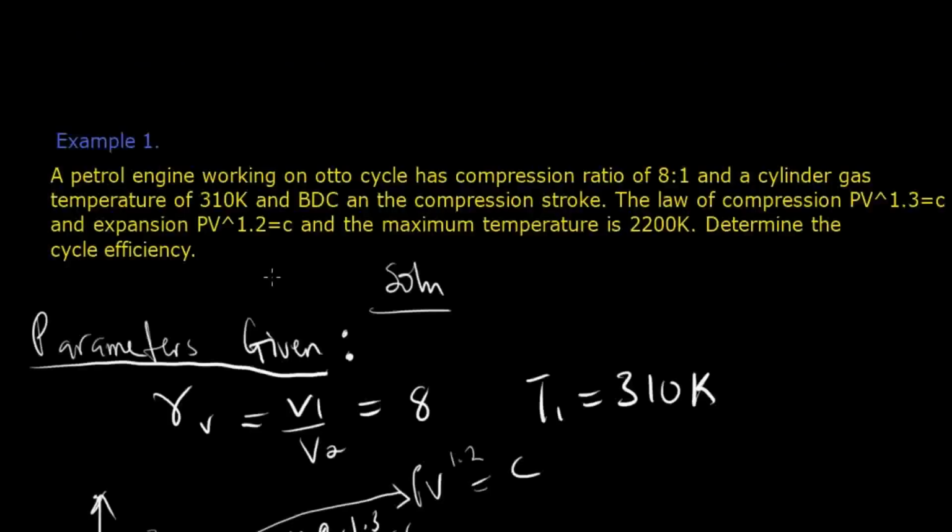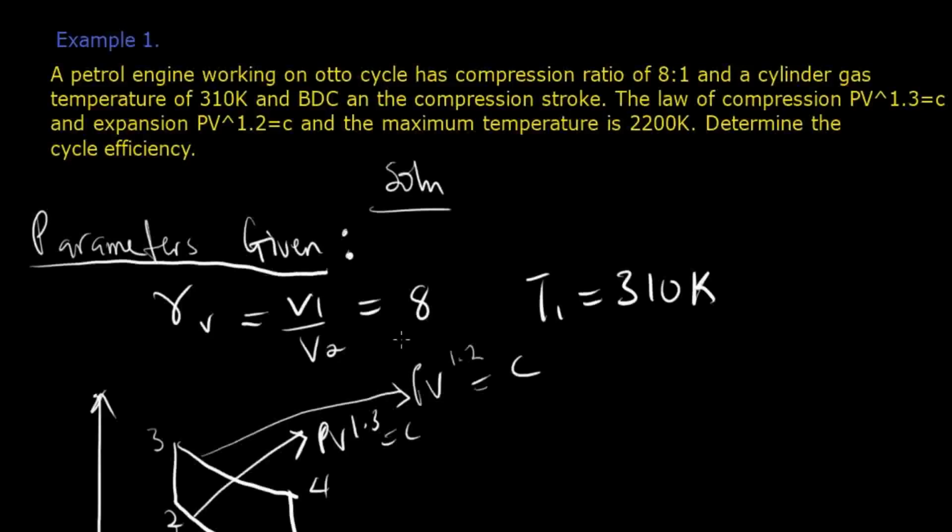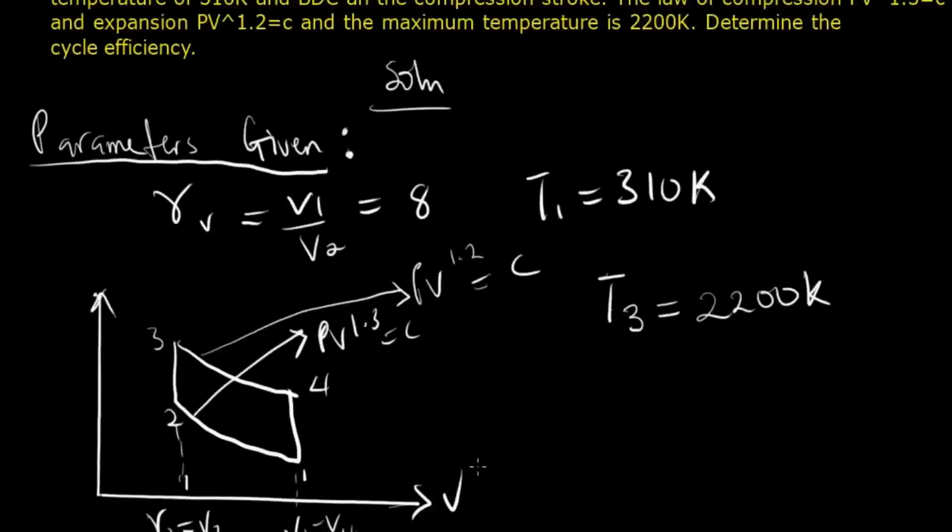Yes, that reminds us that in our parameters given, the maximum cycle temperature is T3. Why is it T3? Because if you check here on the diagram, the temperature at this point is higher than any other point.